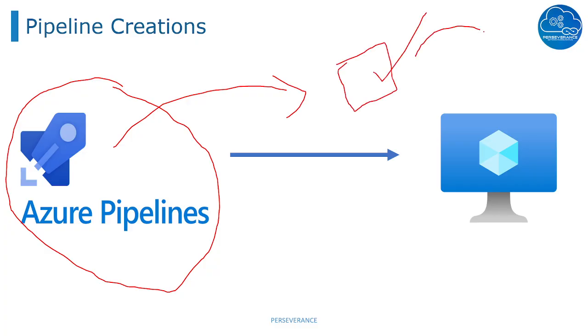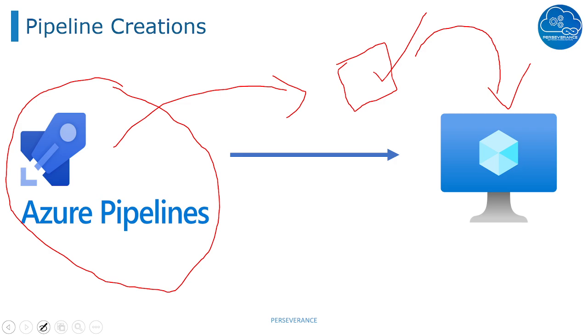That somewhere is called agents, in the context of Azure Pipelines. Agents are the platform, the place where Azure Pipelines will execute the task for us, so that things proceed further.